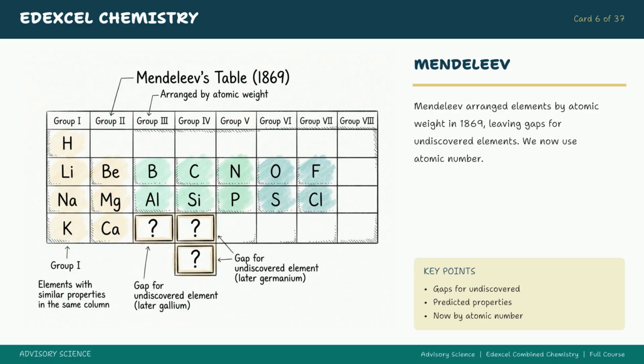Two marking points come up again and again. He left gaps for undiscovered elements and he predicted their properties. The modern order is by atomic number. Mendeleev guessed, Moseley measured. Mendeleev predicted, later work confirmed atomic number was the right ruler.